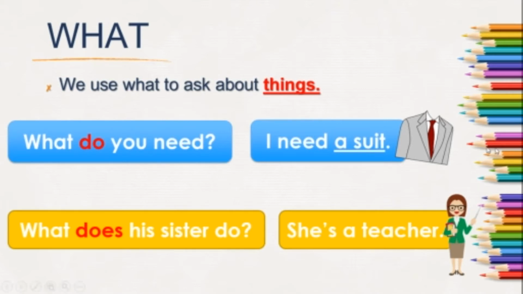We're asking about a thing, so we say what. The thing is a suit. And the second question, we're asking about a thing, and we say what. So as we have a person in here, we're asking about that person's occupation. That's the reason, because we say what.